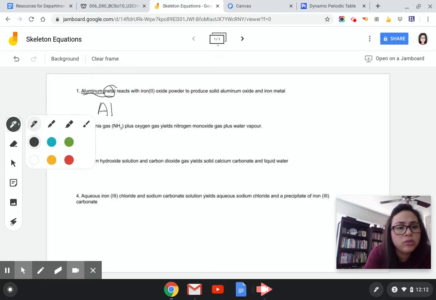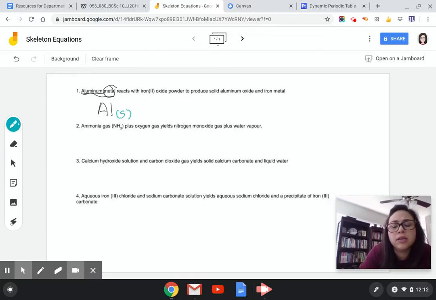And then I'm going to go with the marker here and put the S to represent the solid state. Then it says it reacts with, and keep in mind that with these word sentences, all we're trying to do is translate them into equations. So that's going to be a plus sign.